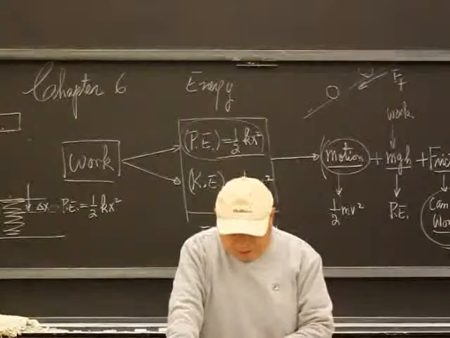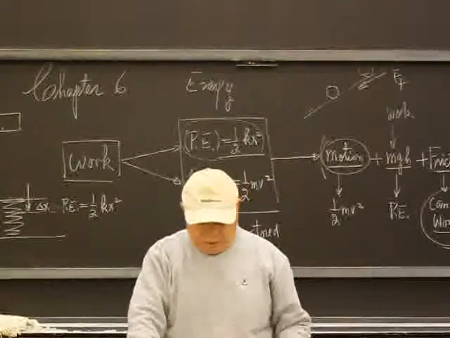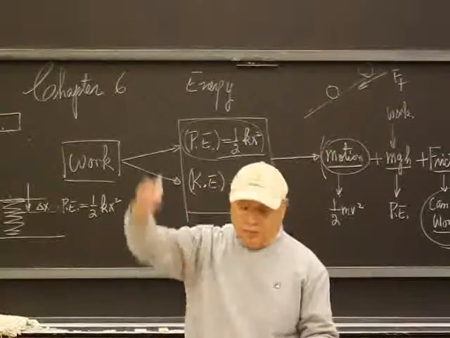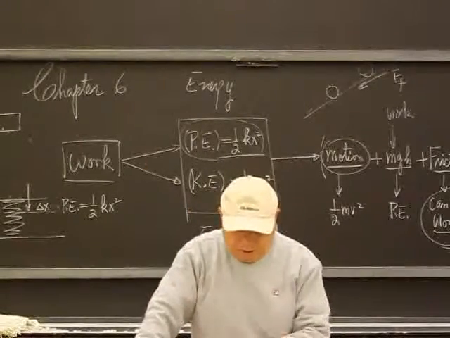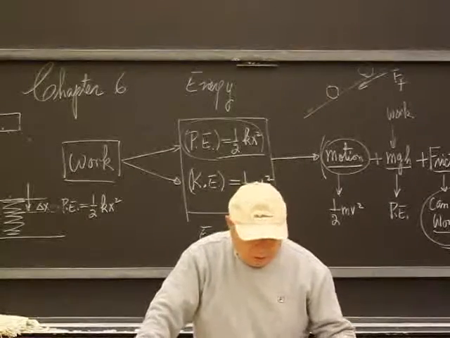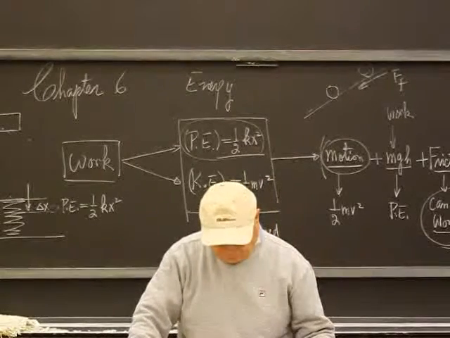After we learn about this, potential energy means that the energy is in position, how high you were, and so forth. And then the other chapter on that is chapter 8.